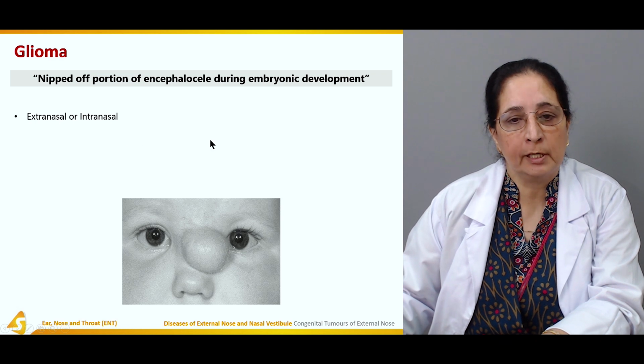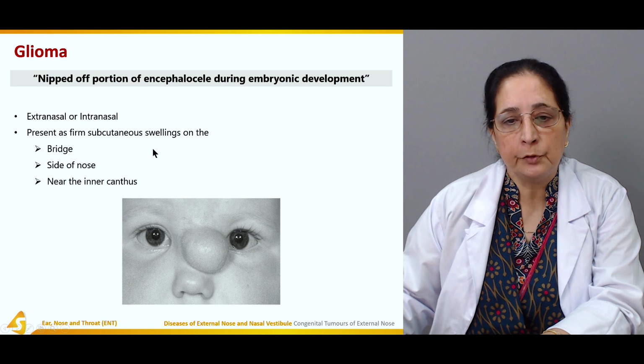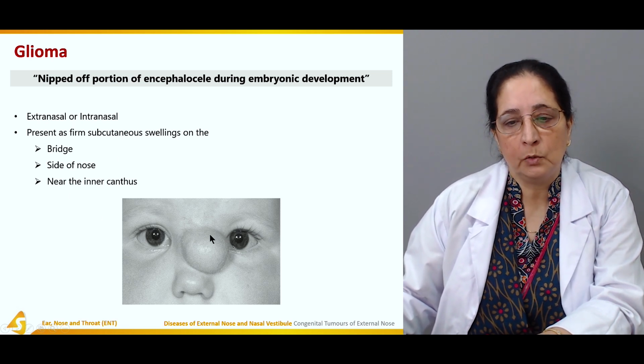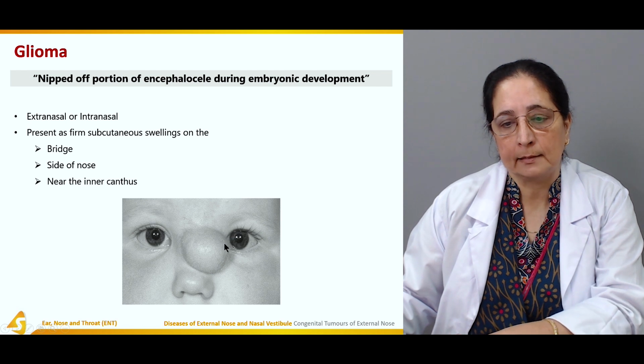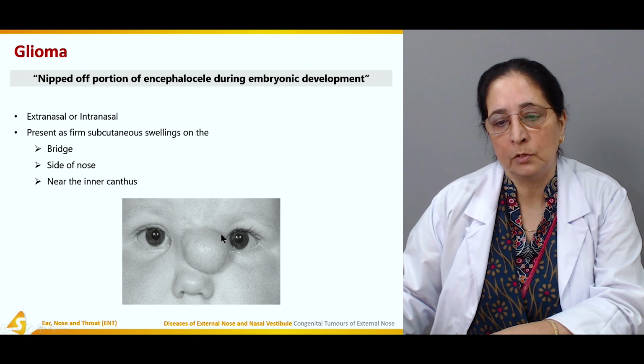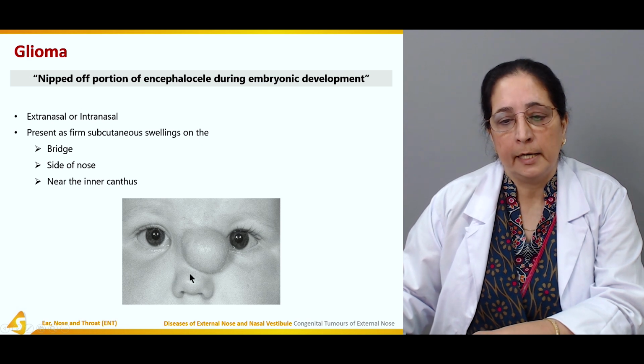Extranasal or intranasal, it can present as a firm subcutaneous swelling on the bridge, side of the nose, or near the inner canthus. Here, this is the inner canthus of the eye, so this is close to the inner canthus, can be on the side of the nose or on the nasal bridge.